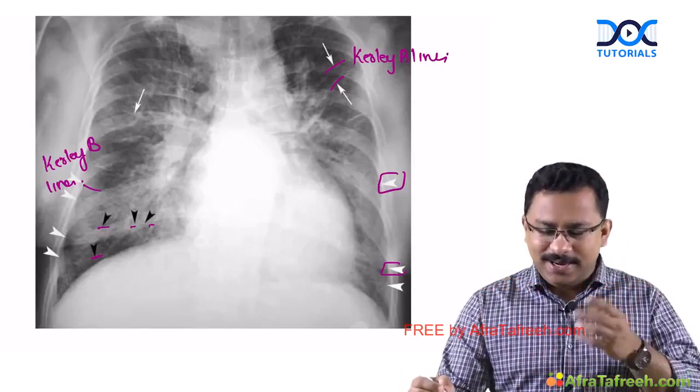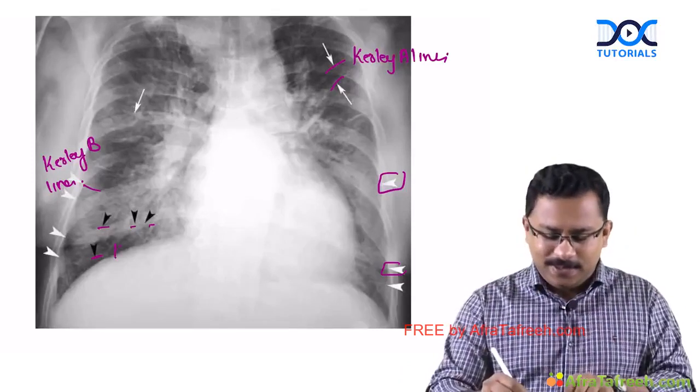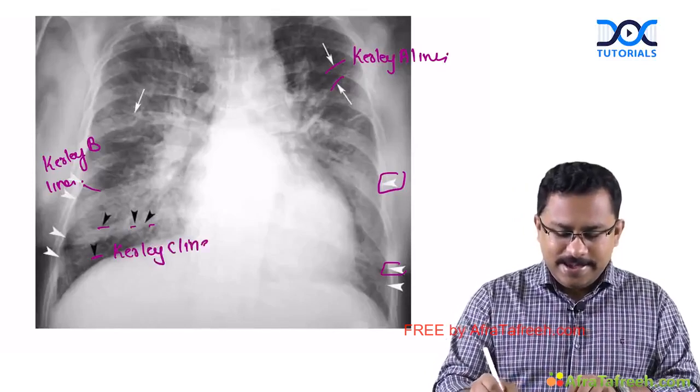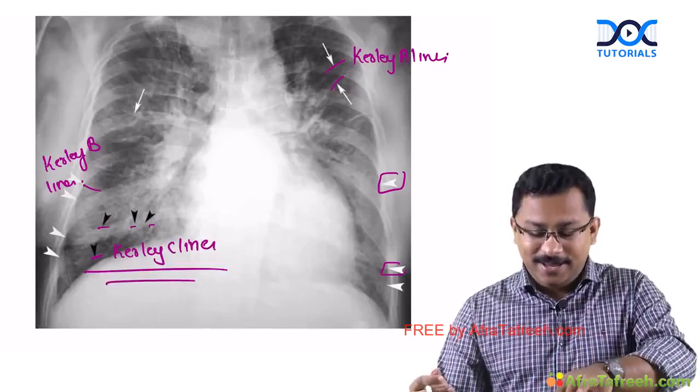So curly A, curly B, curly C, and curly B is very important.